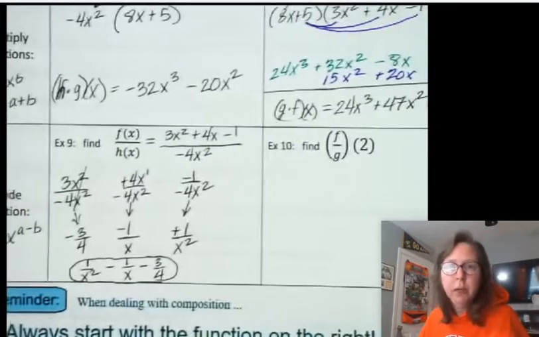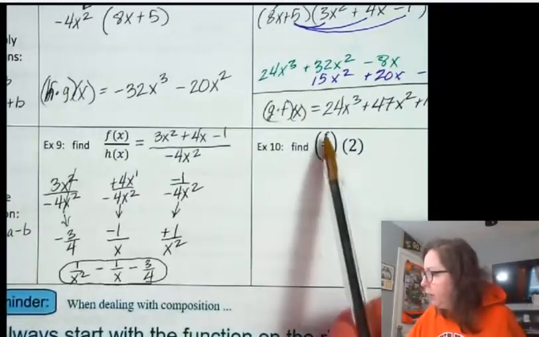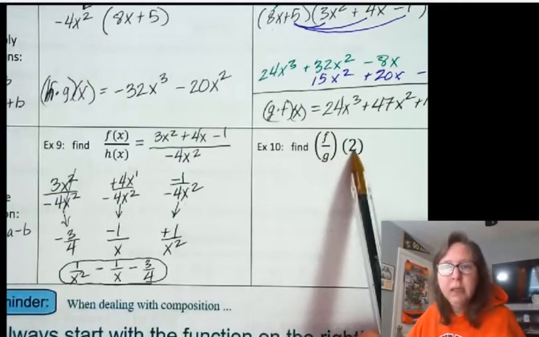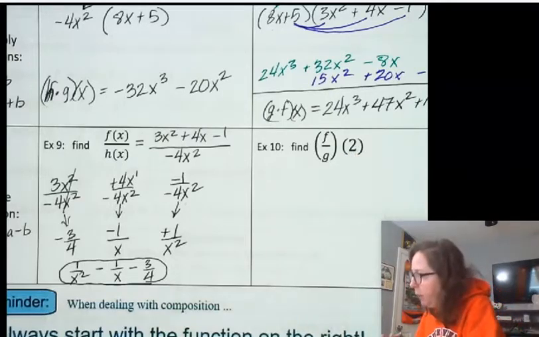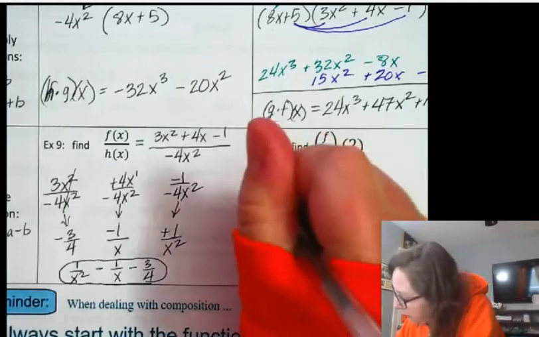All right, what about if we're going to divide 2 functions and evaluate them both. Everywhere there's an x, we're going to replace it with a 2. So let's go ahead and put this on top.